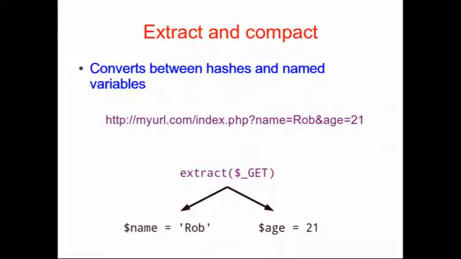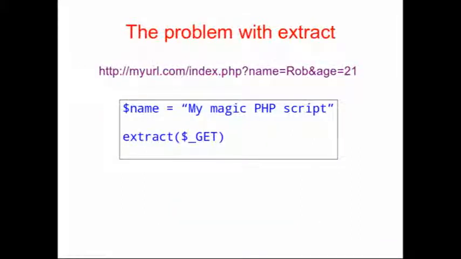So if we know the variables that are passed to our PHP form, we can create variables just using the extract command. To go the other way, from named variables to an array, you use the compact command. That's the opposite of the extract command.